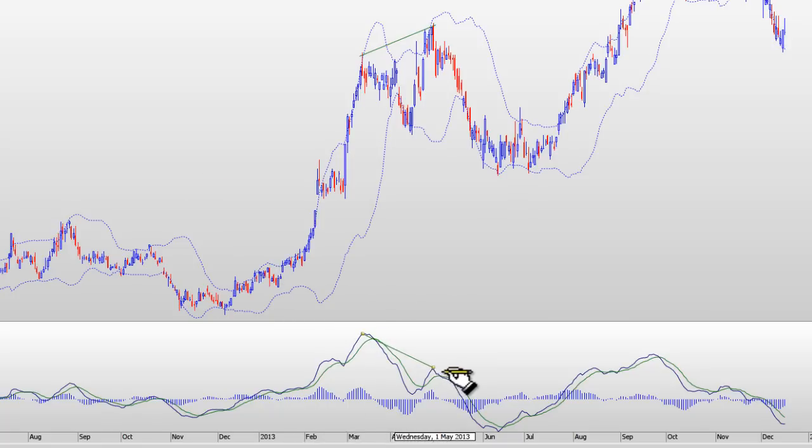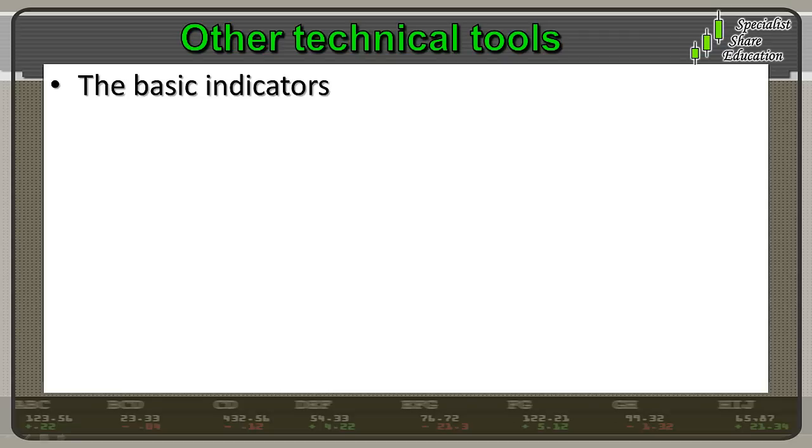You can see the MACD losing momentum quite sharply. Even though we formed a higher price, we were losing momentum and we formed a lower peak on the MACD. So that was a very good signal, an easy one to pick, to either get out or to go shorting that stock.